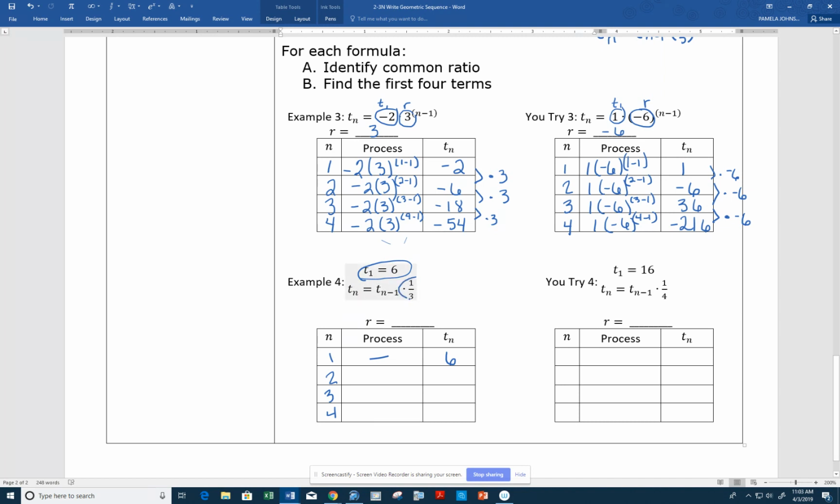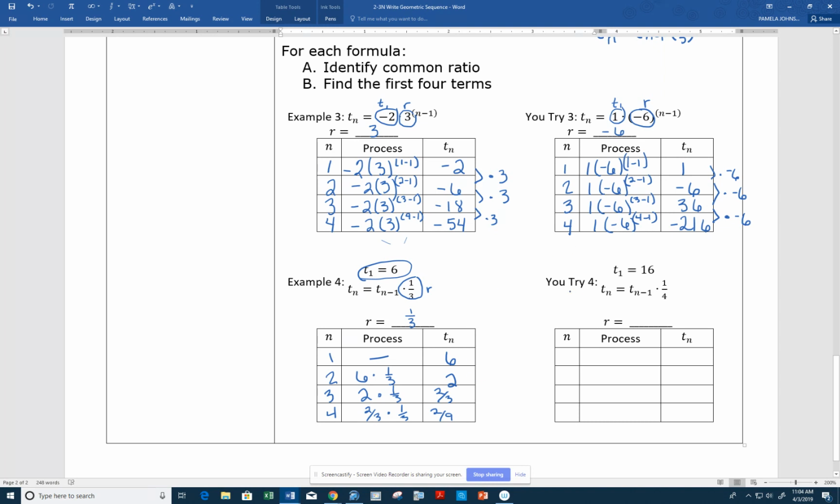Our common ratio is just 1/3. So we're going to do 6 times 1/3. We will get 2. We'll do 2 times 1/3 and get 2/3. When we do 2/3 times 1/3, we get 2/9.